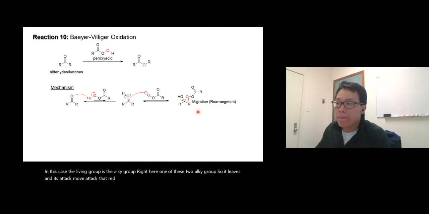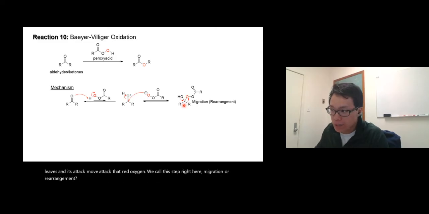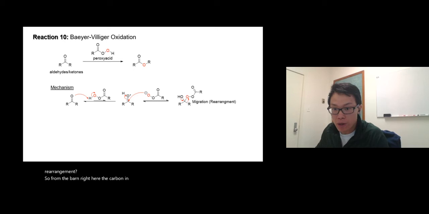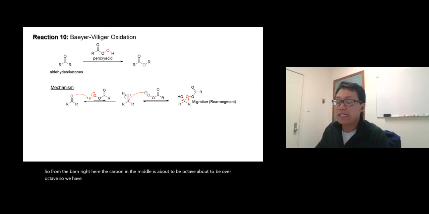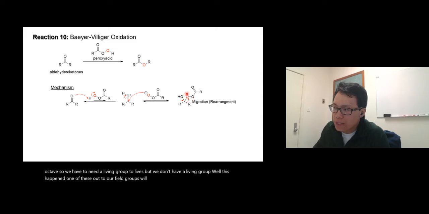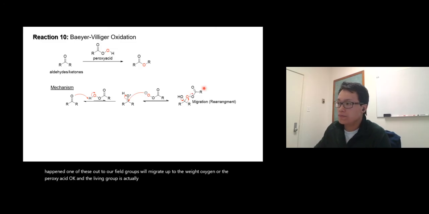We call this step migration or rearrangement. From the double bond right here, the carbon in the middle is about to be over octet, so we need a leaving group to leave, but we don't have one. So one of these two alkyl groups will migrate up to the red oxygen of the peroxy acid, and the leaving group is actually the carboxylate, the rest of the molecule.